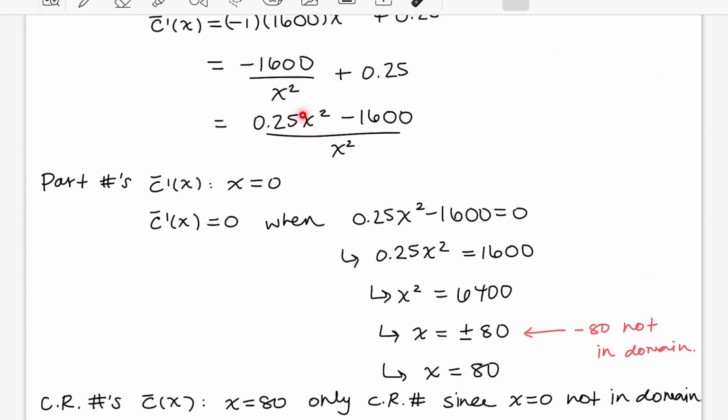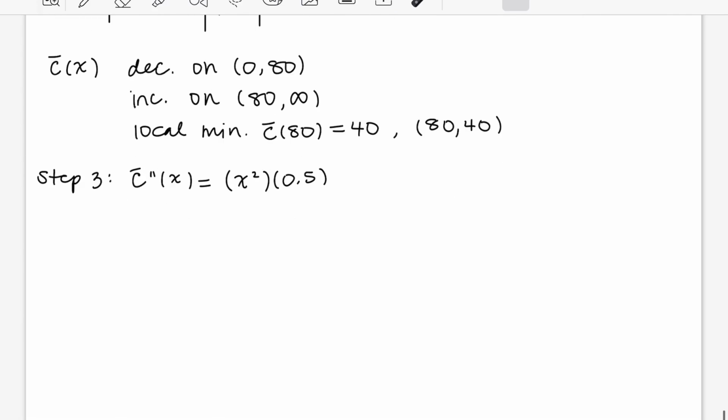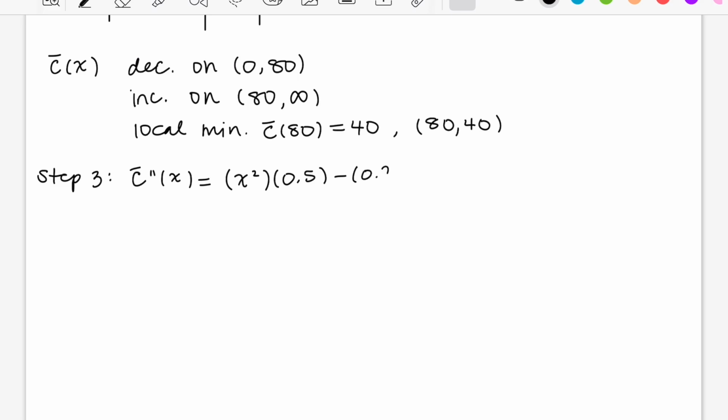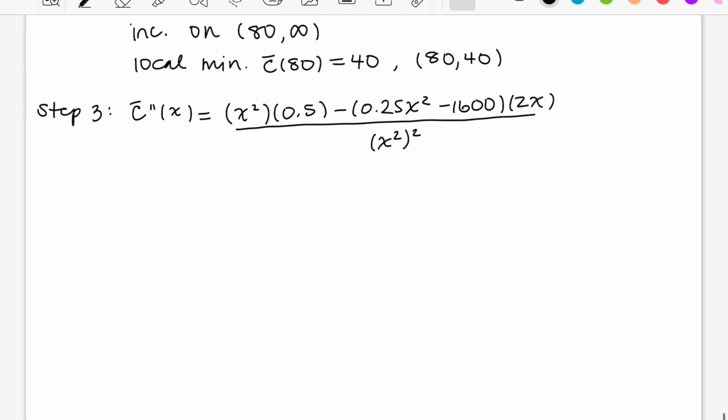This 2 comes down in front, and we have 0.5 times x to the power 1, minus our top function times the derivative of our bottom function, all over our bottom function squared. So simplifying this, we'll end up with 3200 over x cubed. So this is our second derivative here.